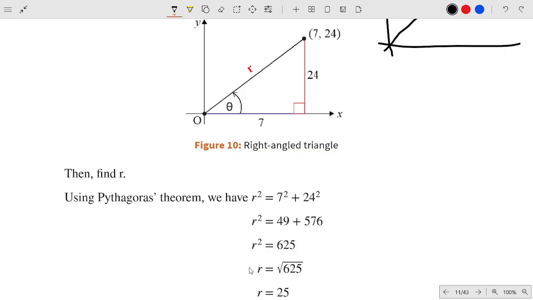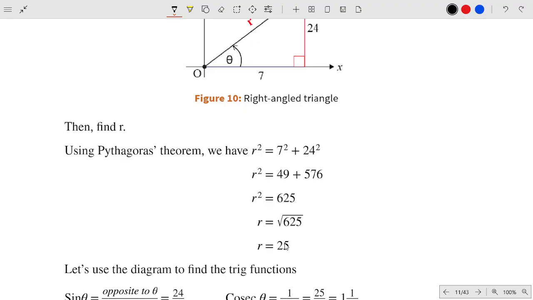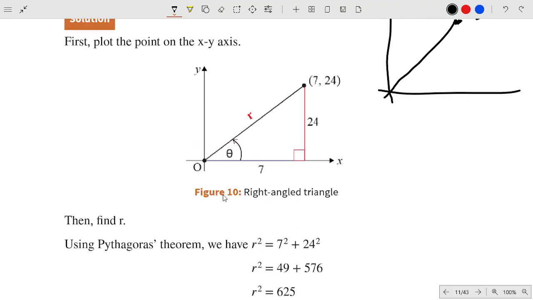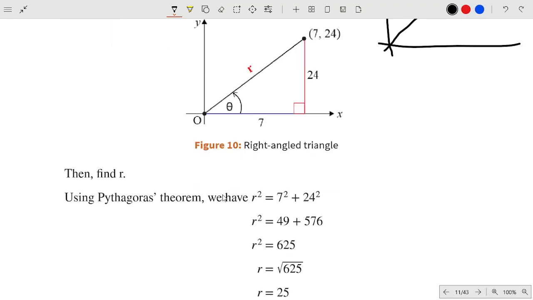Now we want r, so we take the square root of both sides. r is equal to the square root of 625, which gives us 25. So r here is 25 units. Now we know all the sides, and we can go into the actual question that we were asked to answer.